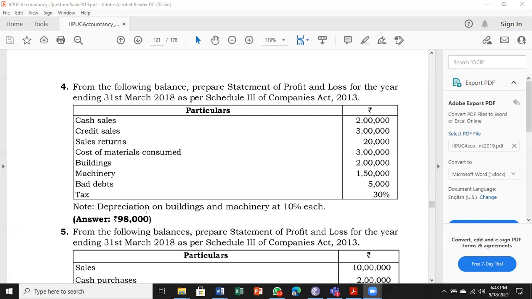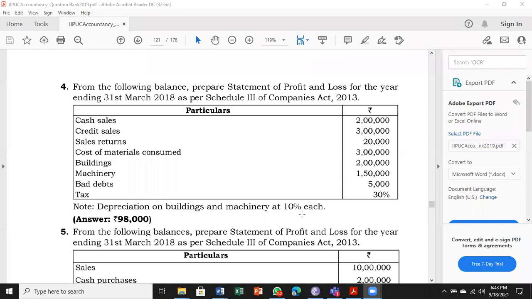Next, tax 30%. This is a new thing for you. Note depreciation on buildings and machinery at 10%. In the previous problem, you had an amount of depreciation. Here, you don't have an amount of depreciation. You need to calculate 10% of this building value, 10% of this machinery value.